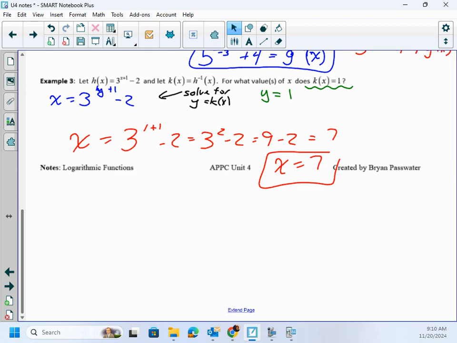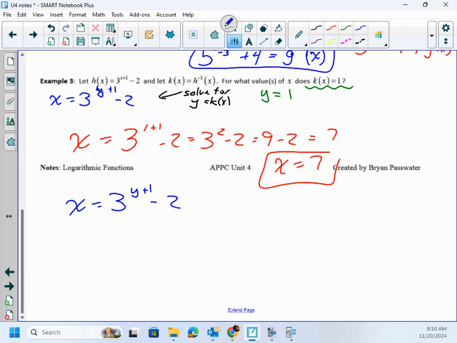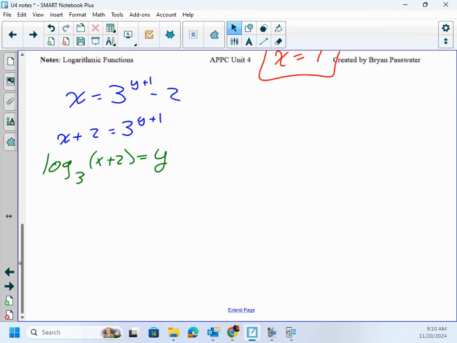Now, if you wanted to solve this for y, you totally could. I'll show you how you're going to get the same answer. So x plus 2 equals 3 to the y plus 1. So log base 3 of x plus 2 equals y. We know that this has to equal 1.